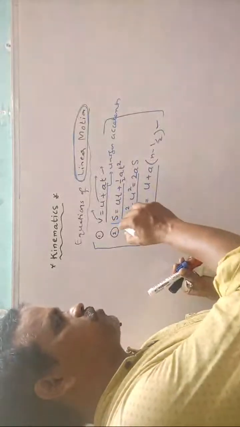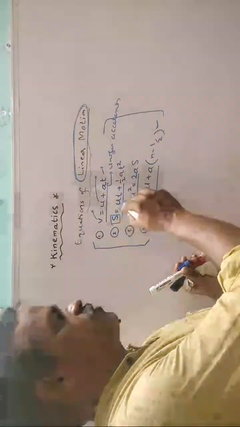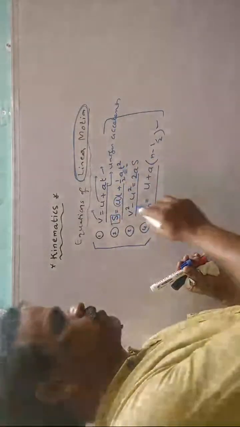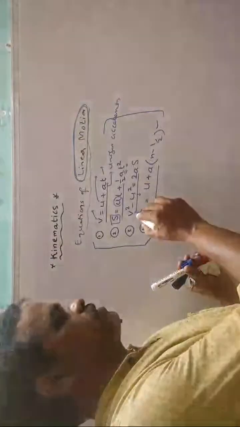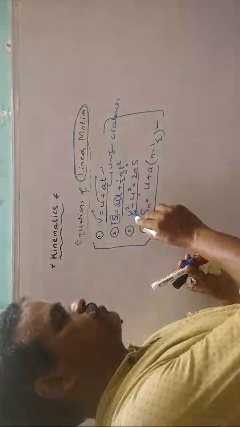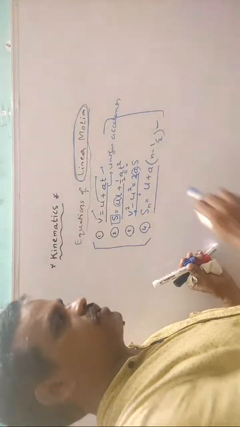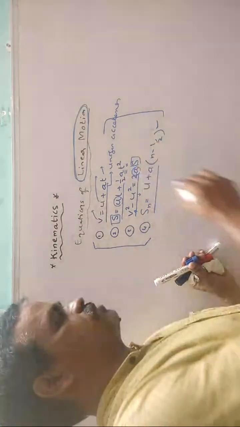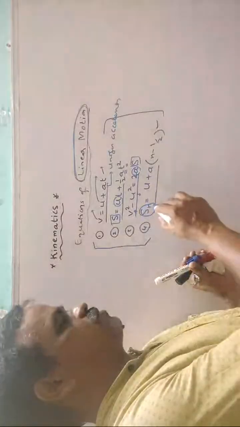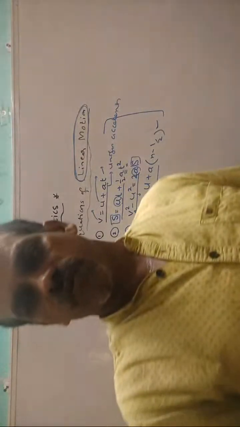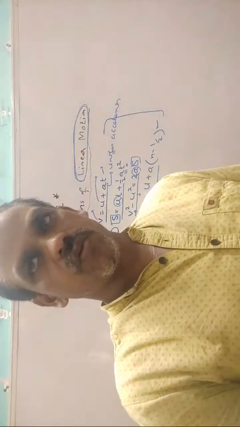Here the displacement covered by the body moving with initial velocity u and acceleration a for time t is s. Yesterday I gave you one problem. Let us look at it here.